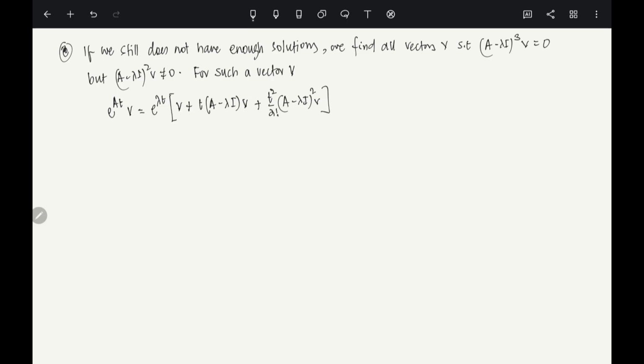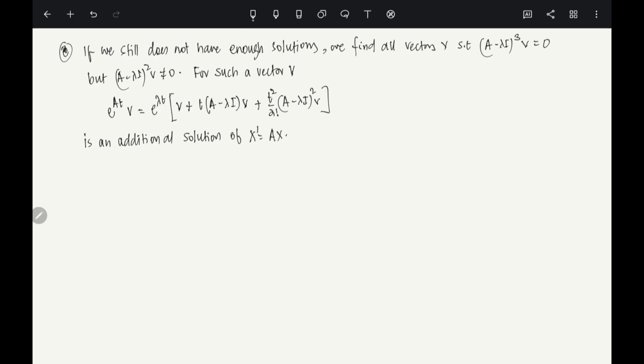Clear? The cube part and the other larger powers are going to be 0, right? So that is there. So this is an additional solution of x prime equals Ax.